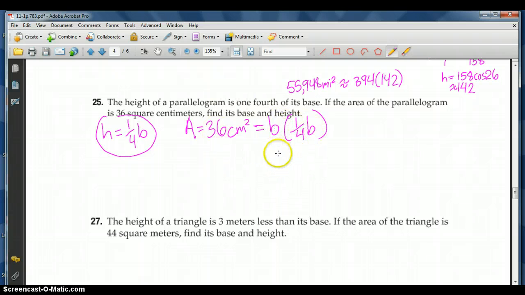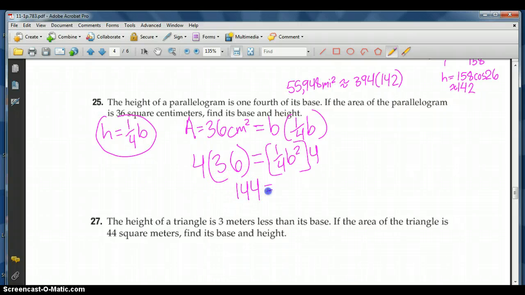So b times b is b squared, so we have 1/4 b squared is equal to 36. Multiply both sides by 4. And we get 144. And take the square root of both sides.